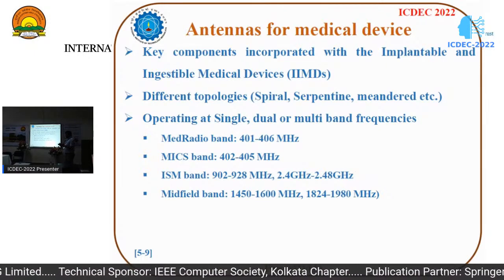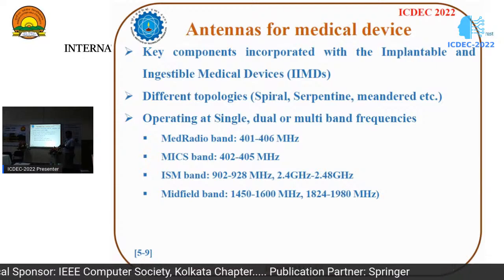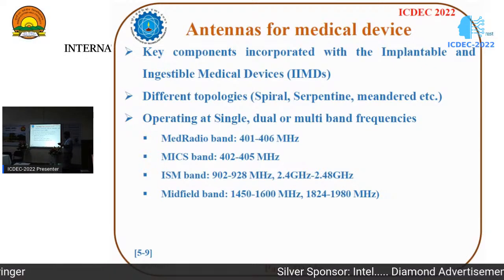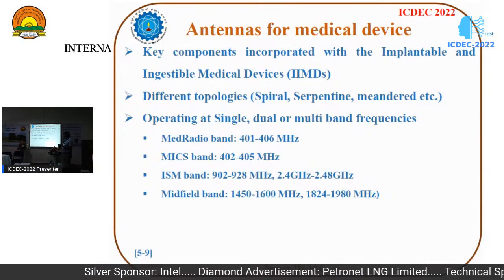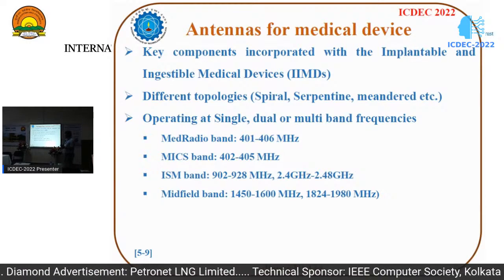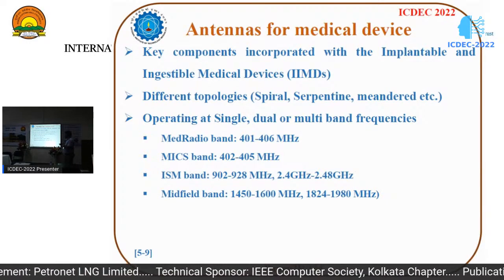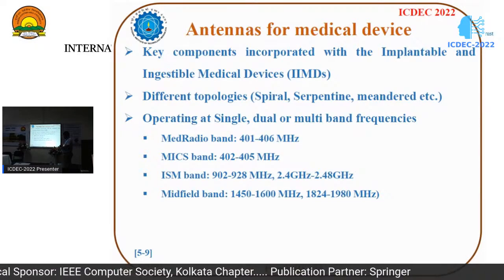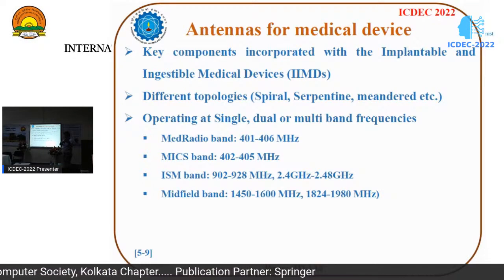All these medical devices, which are traditionally wired and very hectic for operation and changing the device, are moving to wireless devices. To make them wireless, we need an efficient antenna, which is a key and integral part of the device, to send data from inside the body or from the surface of the body to the control unit.